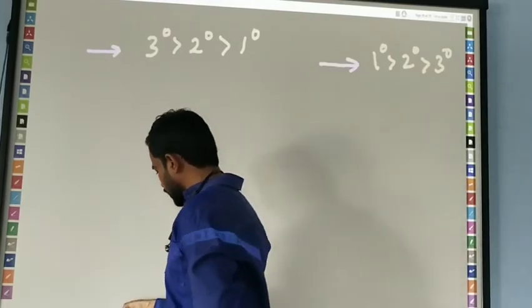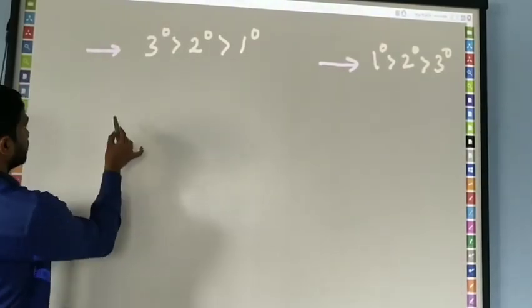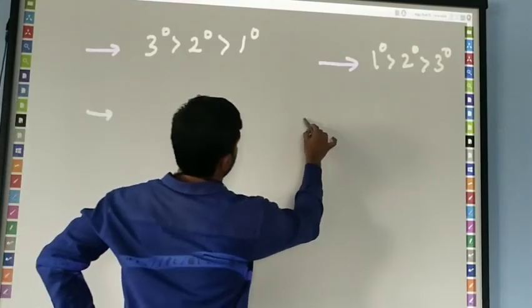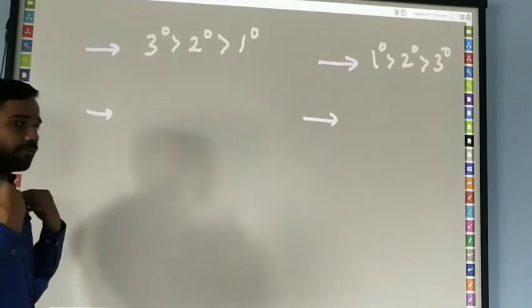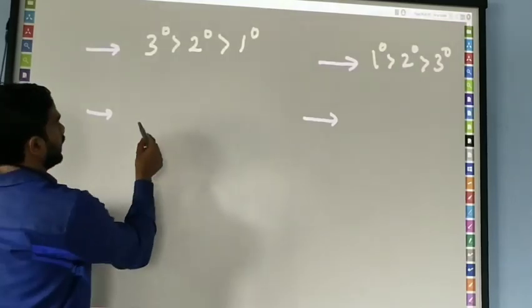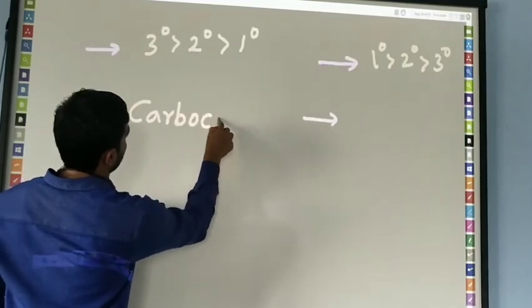Why does it follow this fashion? In the case of the SN1 mechanism, there is formation of an intermediate, which is a carbocation.